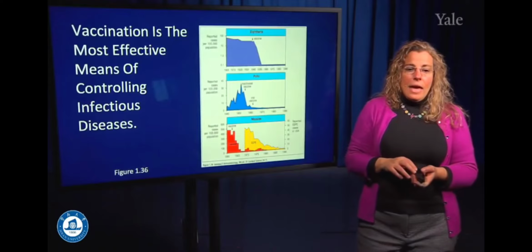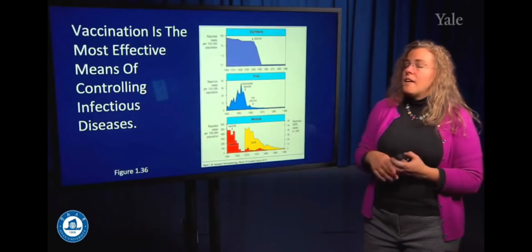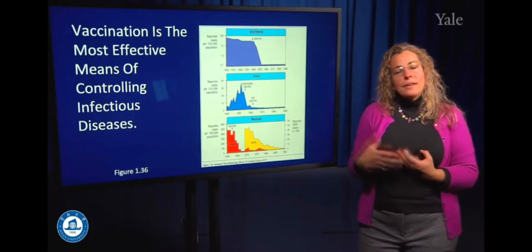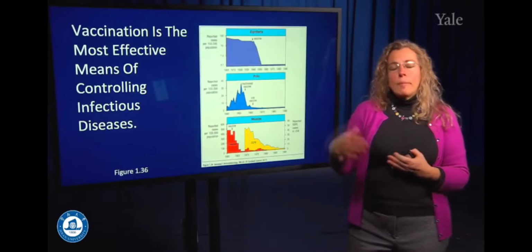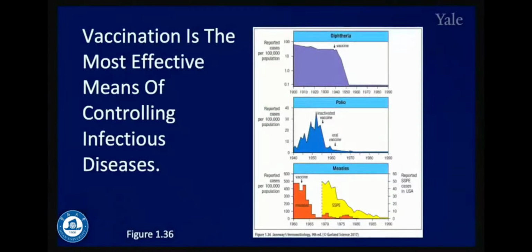Now again, I mentioned vaccination is one of the greatest benefits we've gotten from understanding immunology. And I'm just showing you a few examples here. You'll have a whole lecture later on about vaccines.